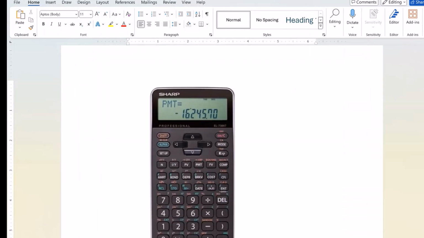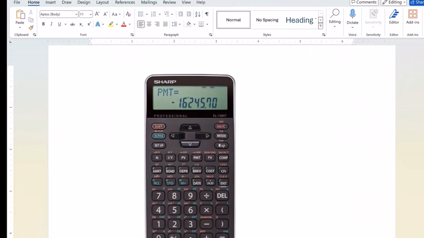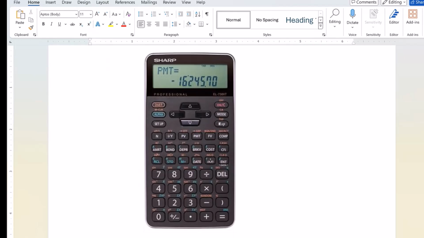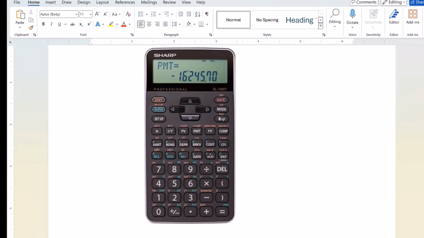So if I had this one, to get a fraction, where is the fraction? I'm looking at this basic one. Fractions. I don't see a fraction here. Yes, it's the same with this one.